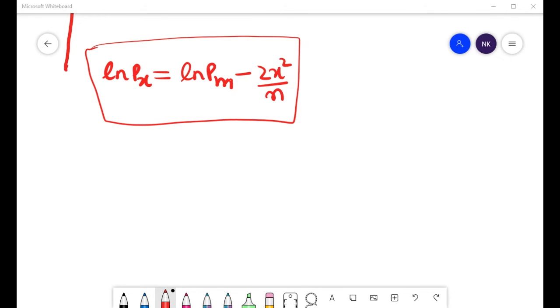Hurry up. Hurry up. ढंग से सॉल्व करो. माइनस माइनस की मिस्टेक मत कर देना.